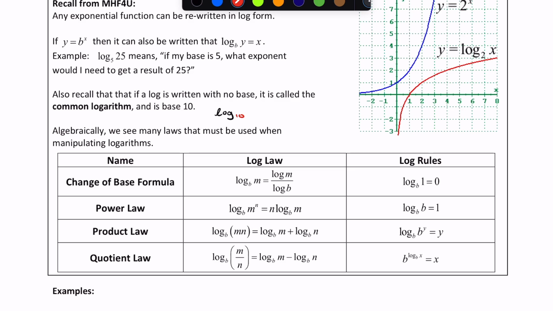So log base b of 1 is equal to 0, log base b of b is equal to 1, log base b of b to the power of y is equal to y, and b to the power of log base b of x is just equal to x. These are important to keep in mind as we go through these examples.